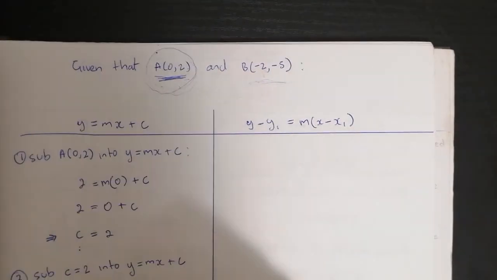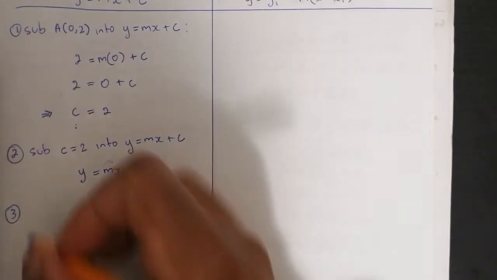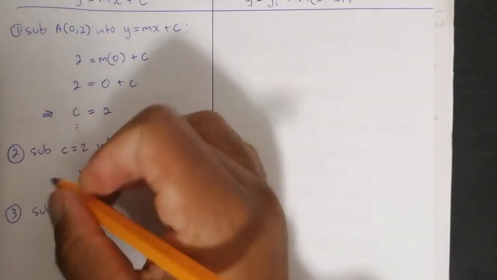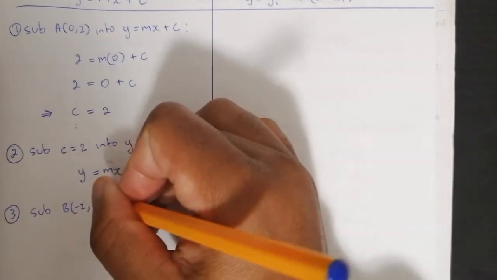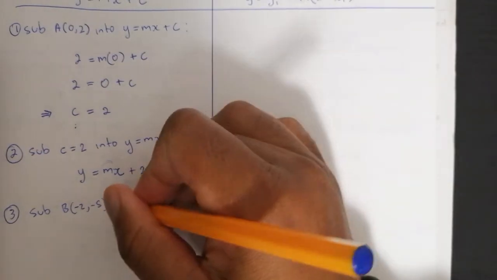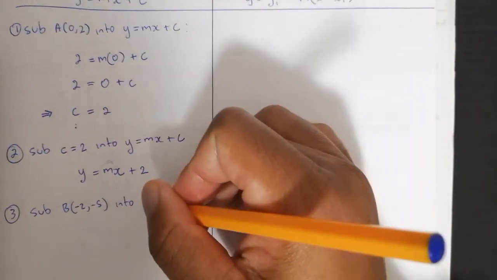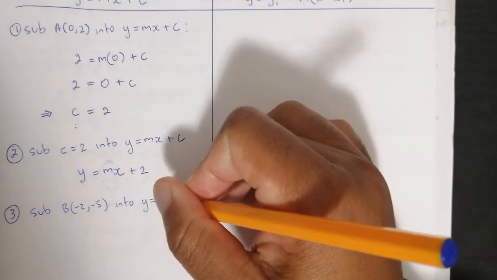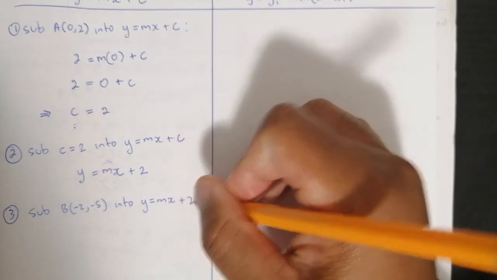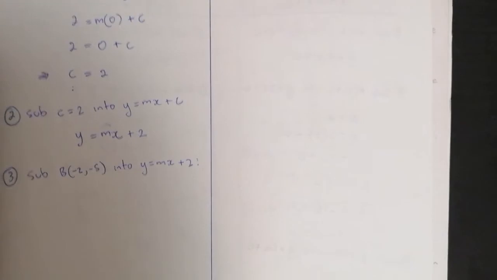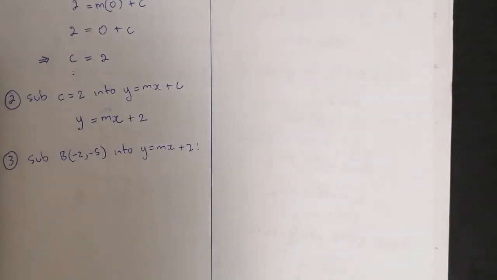So B, we'll just sub B (minus 2, minus 5) into y equals mx plus 2. Right?